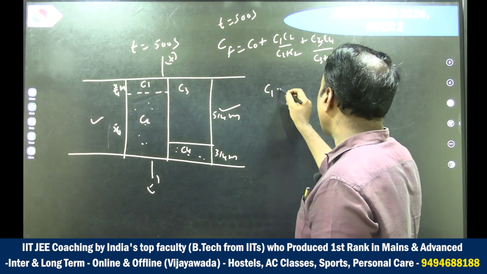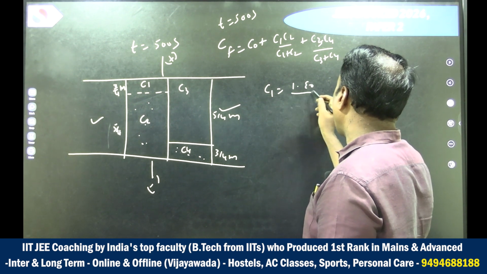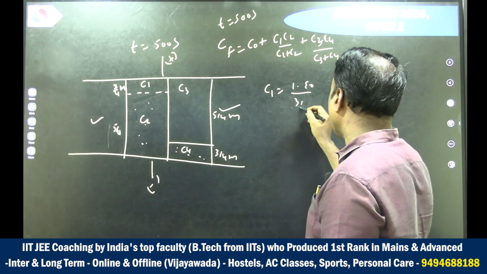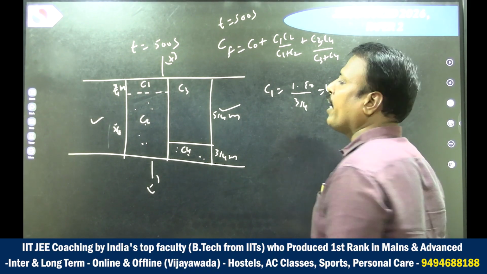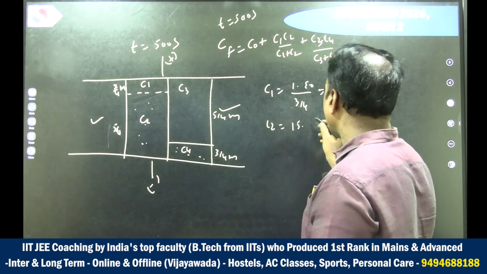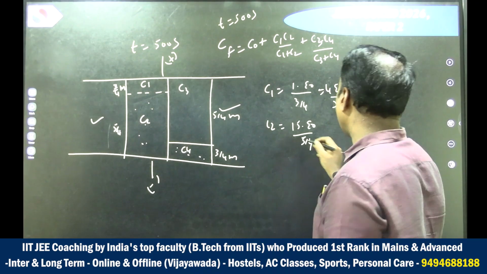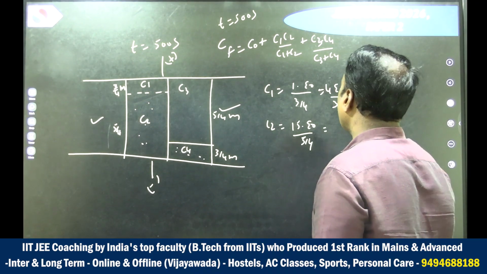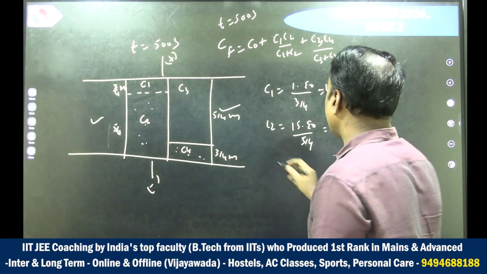C1, because it was empty space, is 1 into epsilon naught by d value 3 by 4. So we get C1 as 4 epsilon naught by 3. C2 was filled with dielectric and the d is 5 by 4, so finally 60 by 3, that is 20 epsilon naught.